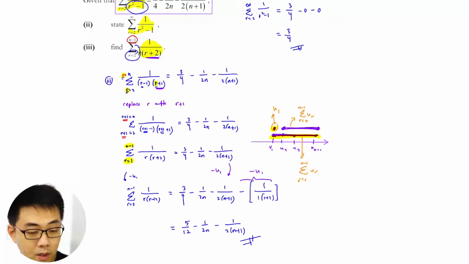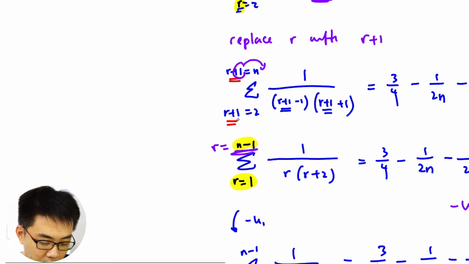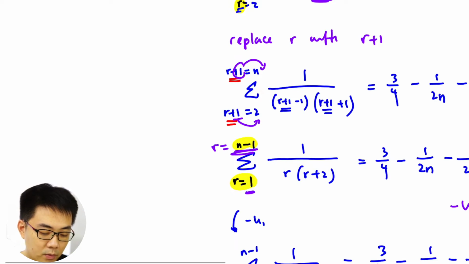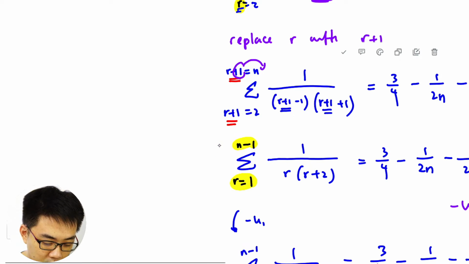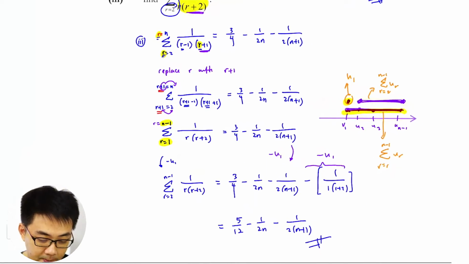Because this one brought over is n minus 1, so this becomes r equals n minus 1. This one brought over will be 1. Sorry, I forgot to mention that. So this r equals to n minus 1. This r, you bring this 1 over, then it's just normal arithmetic there.